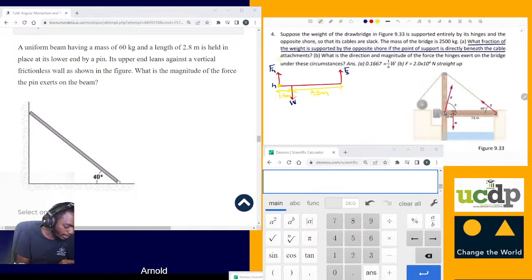Why? So that we eliminate this unknown force and we remain with what we're being asked to find.